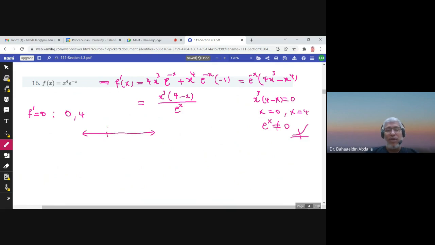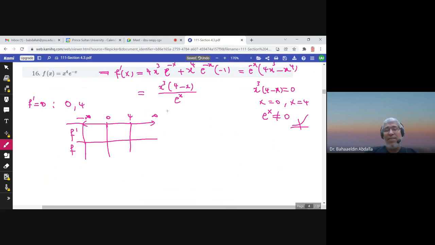Let us put them here on the number line. Let us study the signs of f prime. Well, notice that 0 is a 0 of multiplicity 3. So the sign changes around it, like multiplicity 1. It is not an even multiplicity.